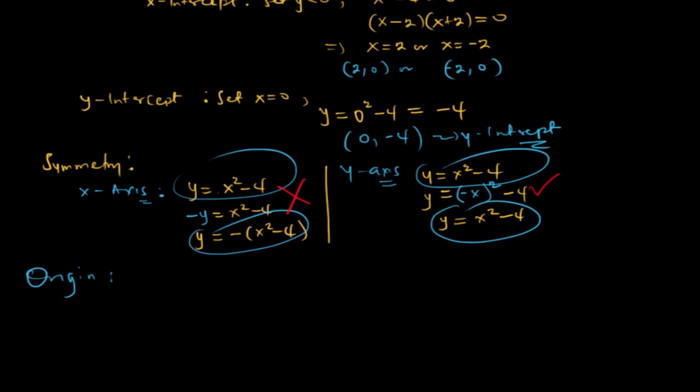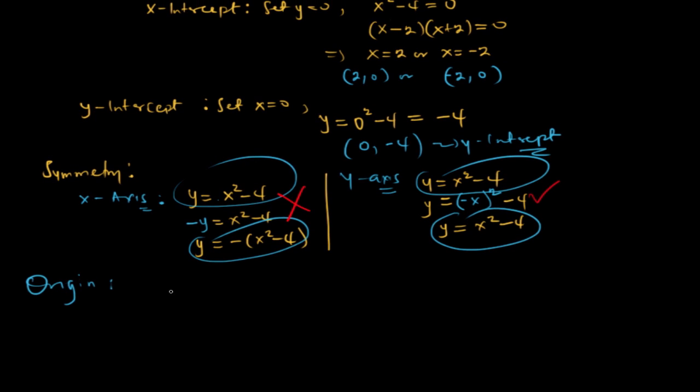Since the original equation is y equals x squared minus 4, we're going to replace y with negative y and x with negative x, so negative y equals negative x all squared minus 4, and this is going to give us negative y equals x squared minus 4.